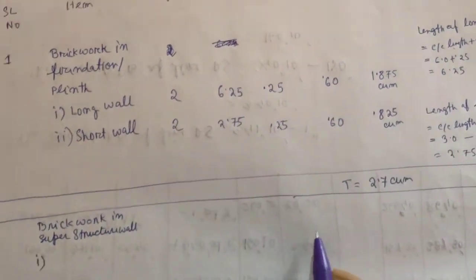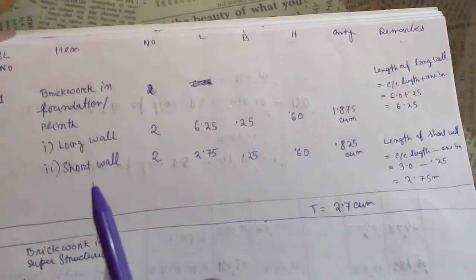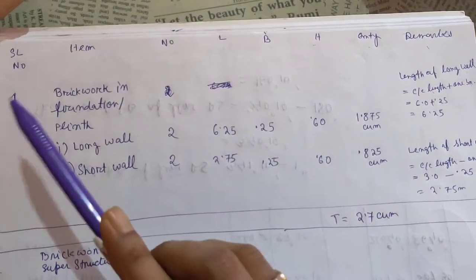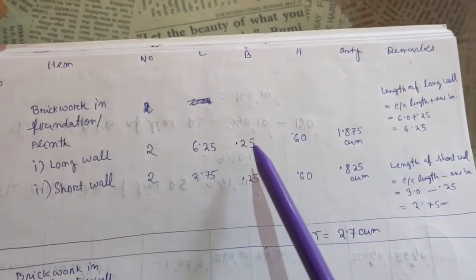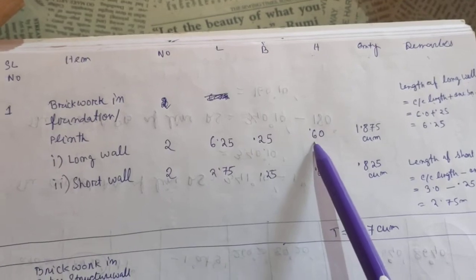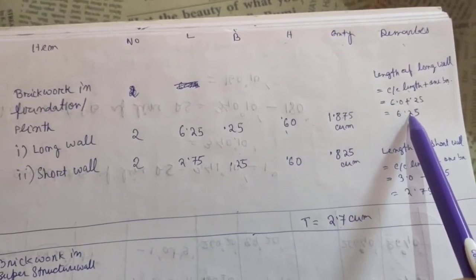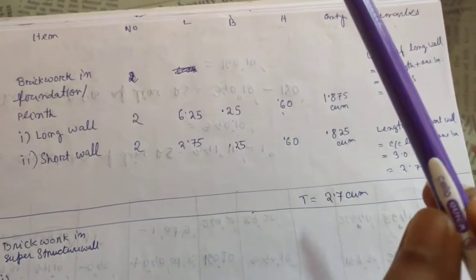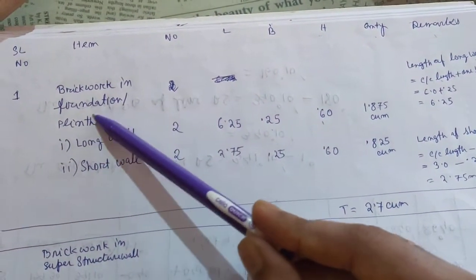Now let us take a look at this table. We have to make this table for every estimating problem, as we have already discussed: serial number, item, number, length, breadth, height, quantity, and then finally remarks. Suppose in the question it is given that we need to find out the brickwork in foundation or plinth.